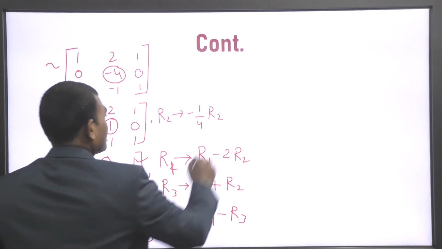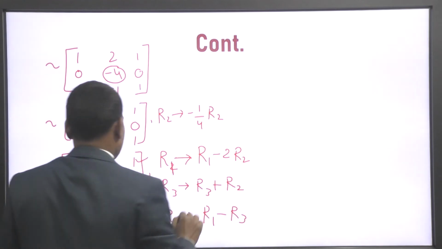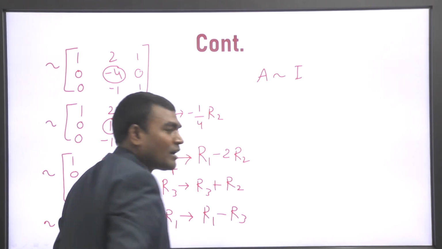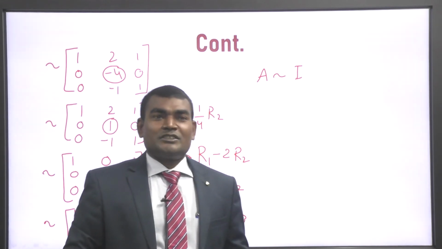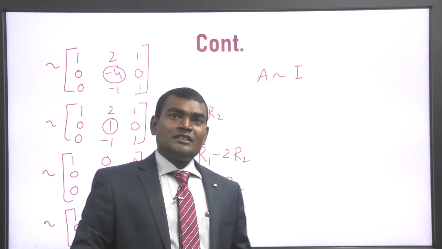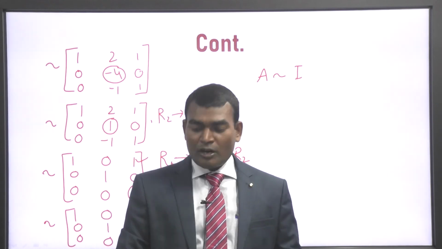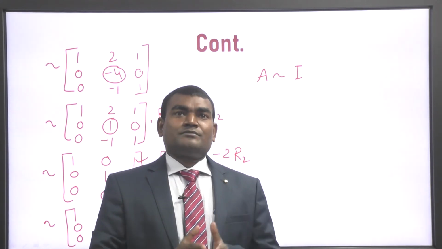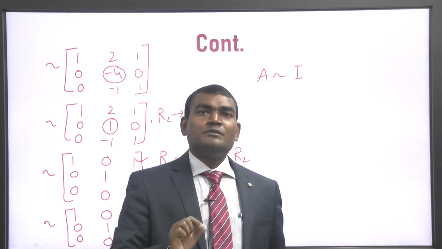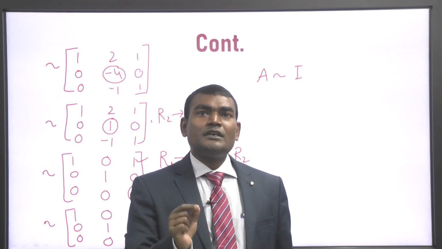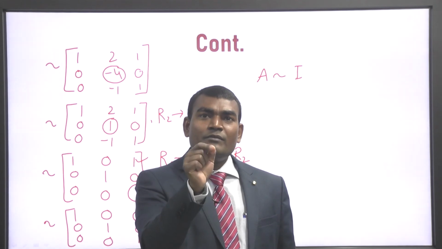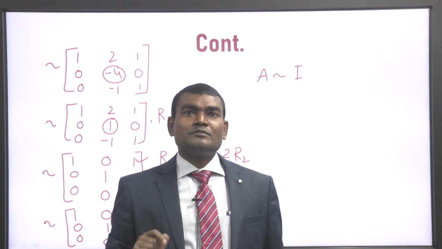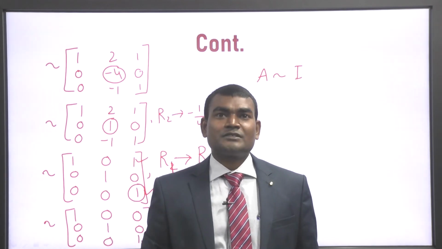Now see here, this is the identity matrix, that is, A is equivalent to I by elementary row transformations. So in this way, our key point is that we have to make the first row, first column element 1, and with the help of that we will make the other elements in the same column 0 by elementary row transformations.